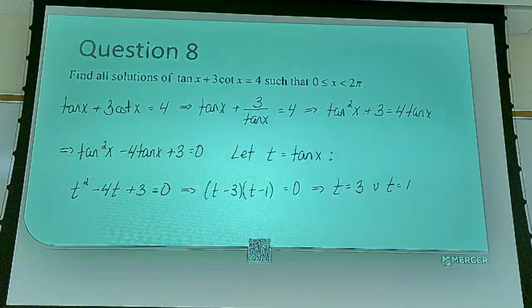That means tangent is either 3 or 1. Start with 1. We already solved that.